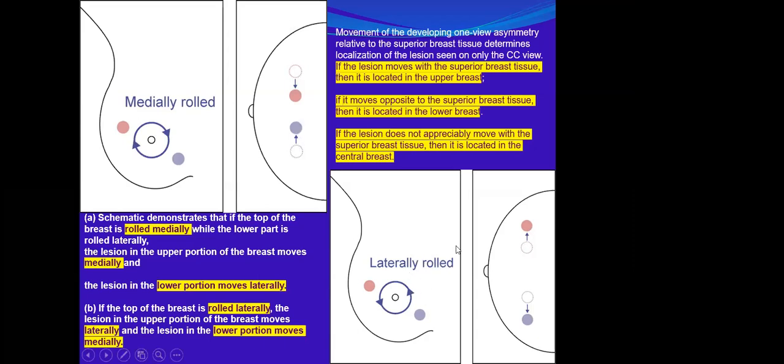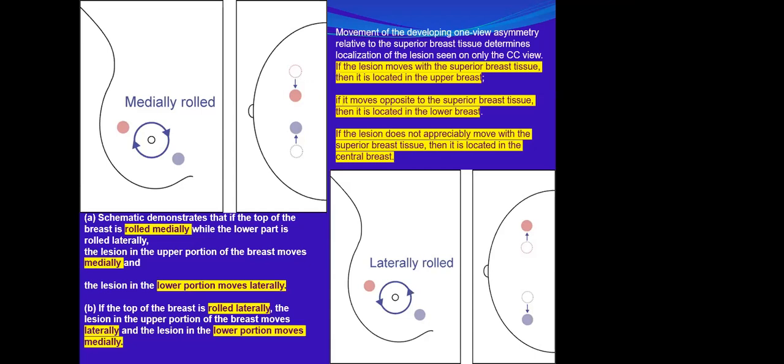If you roll the superior part of the breast laterally, anything superiorly will go with the tissue you are pushing. You are pushing laterally, so anything in the superior breast will go lateral, while the inferior breast will go medial, the reverse. That reflects what? If you have a lesion in the superior breast and you roll the breast medially, the lesion will go medial. If you roll the breast laterally, the lesion will go lateral.